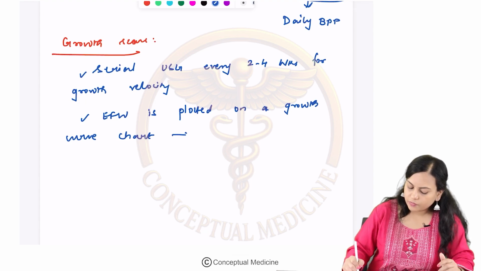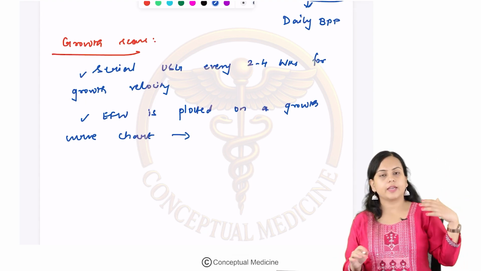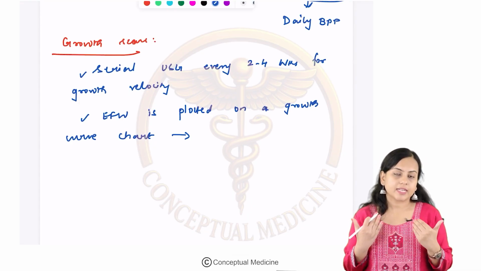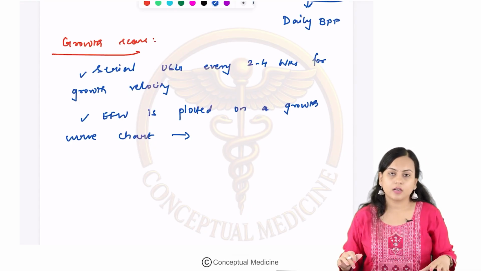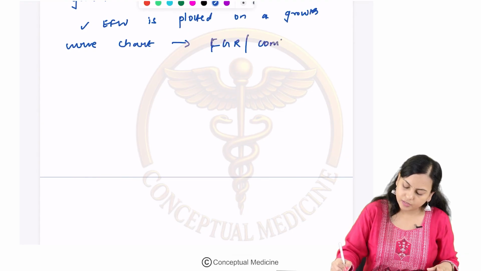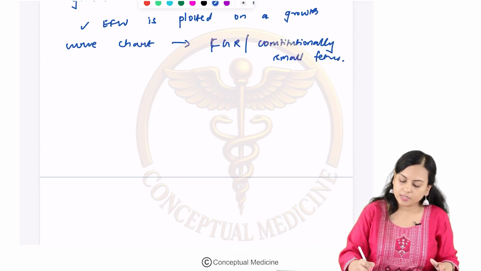When you plot this, it will be helpful in differentiating between the FGR baby and a constitutionally small fetus. Okay, then what will you be doing?